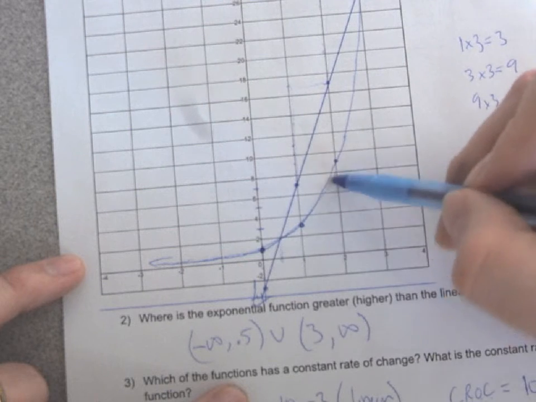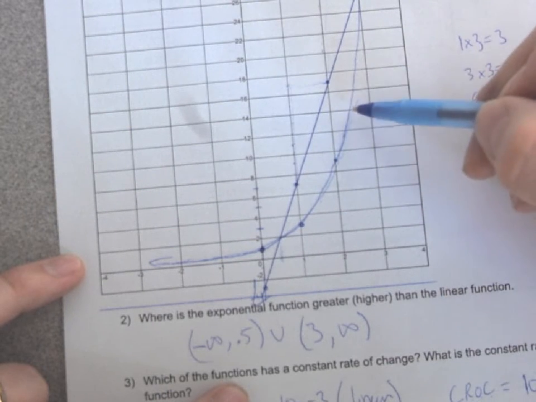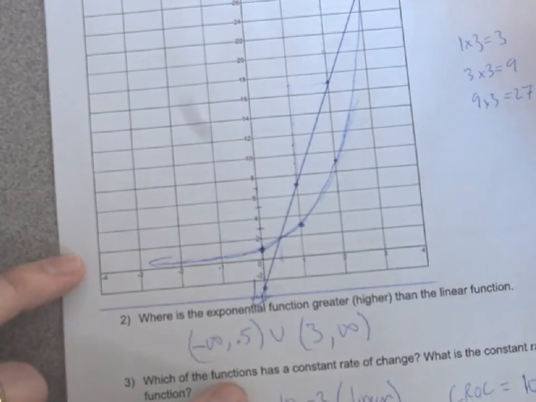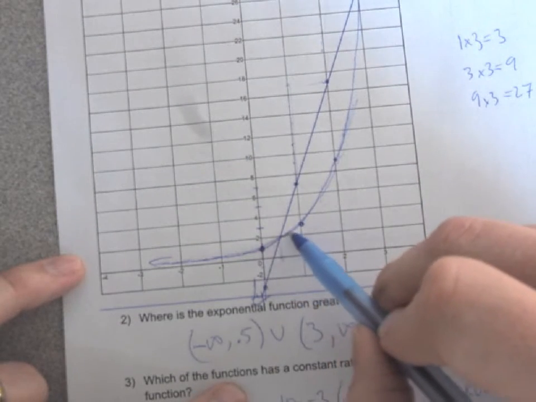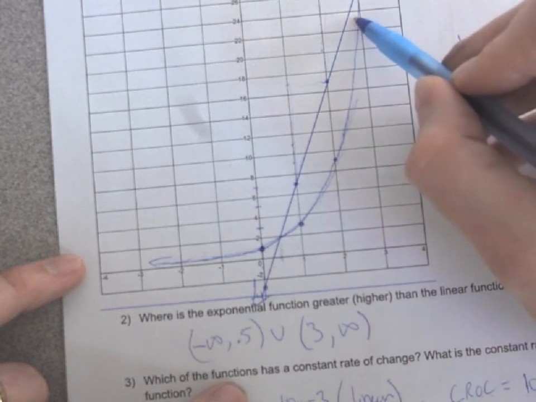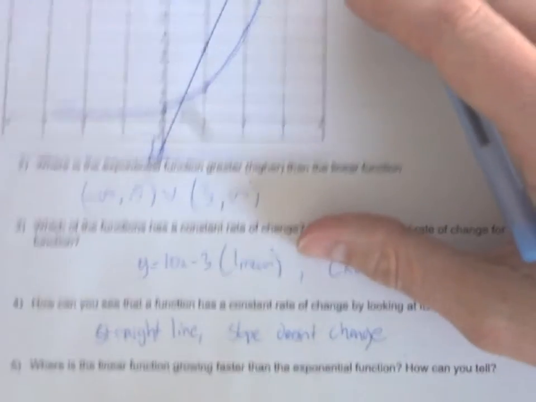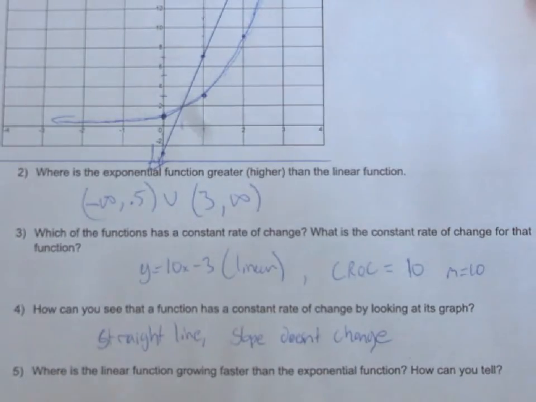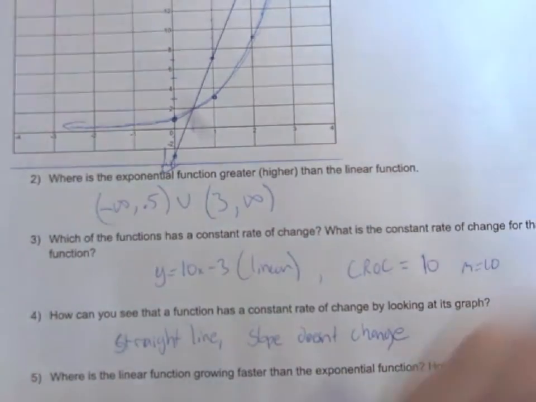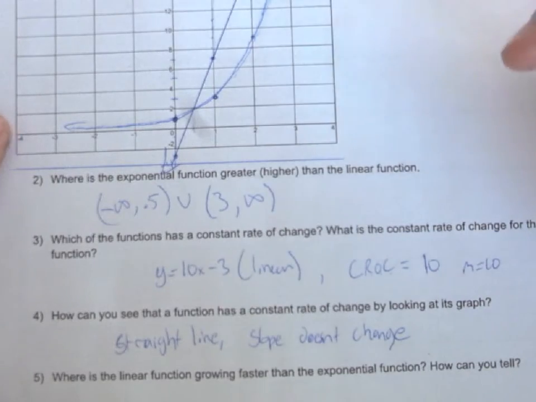Well, right about here is when they start to match, and then it starts getting steeper. So this is going to be some estimation. But here it's not as steep, not as steep, not as steep. Then it's about the same steepness, and then it gets steeper. So if growing faster on the graph means steeper, where is it steeper? It's somewhere in between 2 and 3 where the graph starts getting steeper.